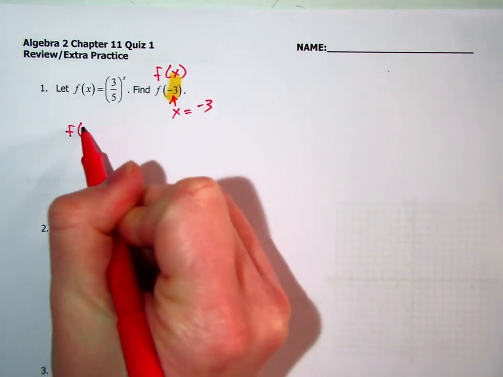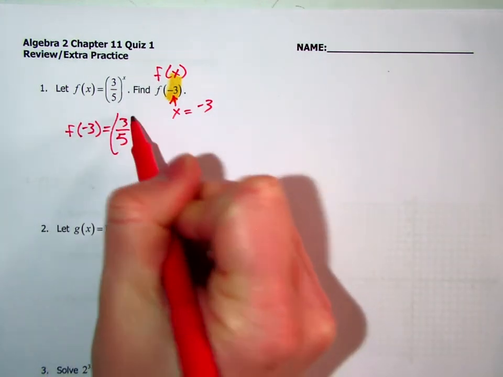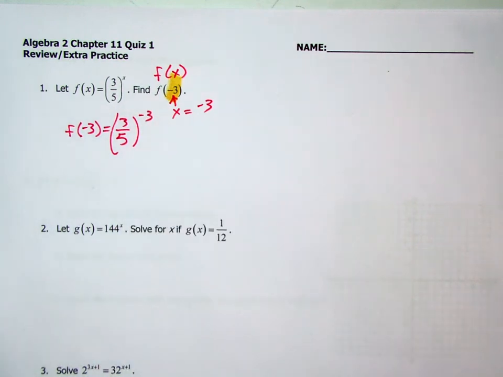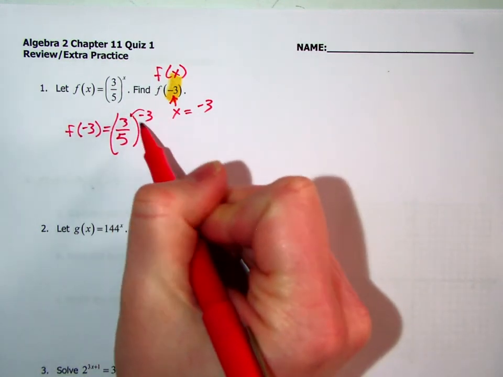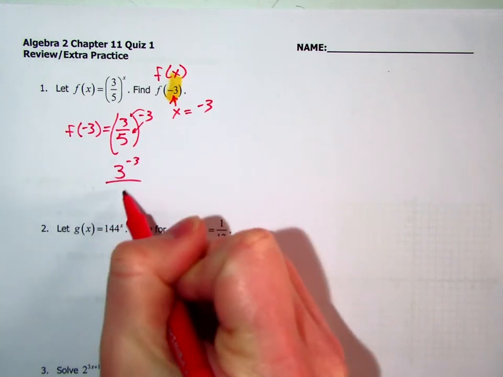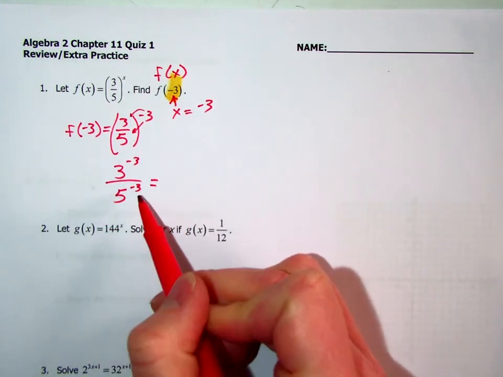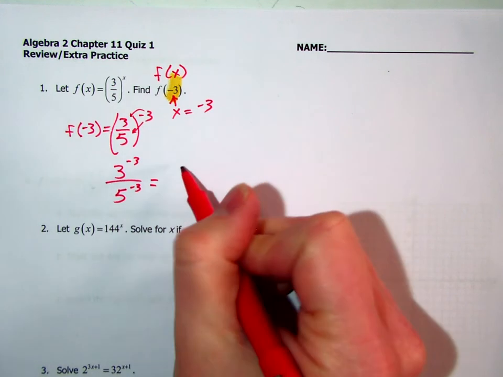So f of, instead of x, we're putting negative 3 equals 3/5 to the negative 3rd power. So then we can go ahead and distribute this exponent into each of these pieces. So we'd have 3 to the negative 3rd over 5 to the negative 3rd. Remember that we don't like negative exponents, so we're going to have to move these around to make them positive.